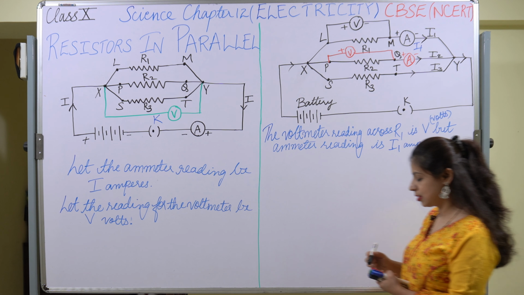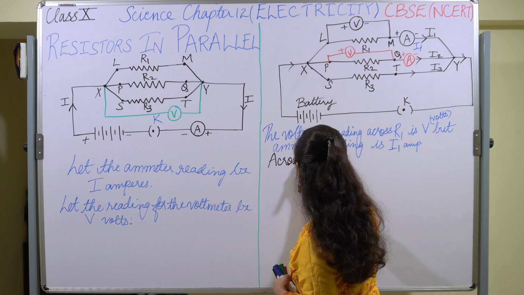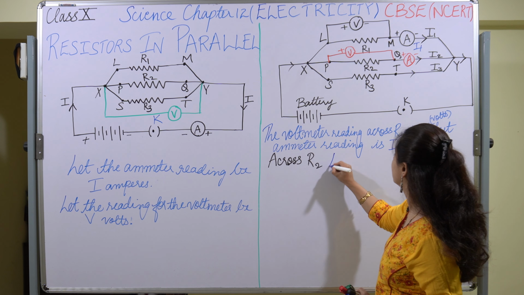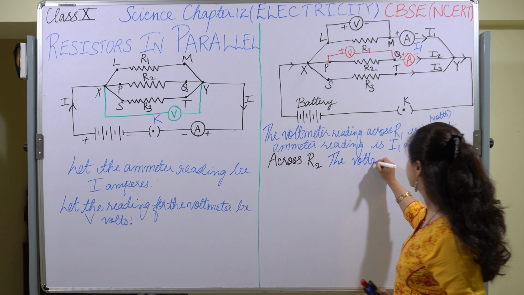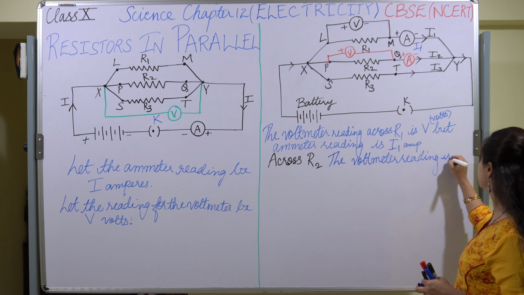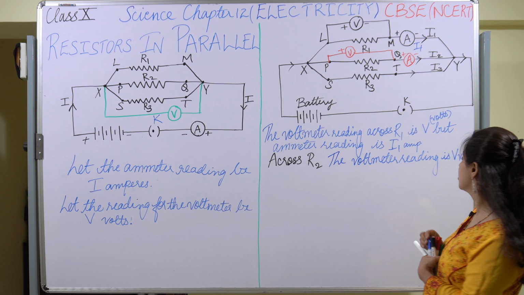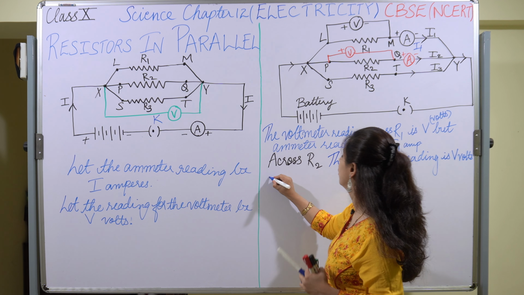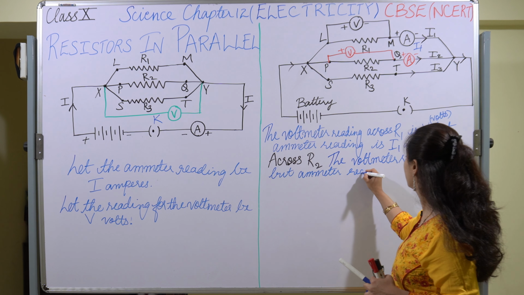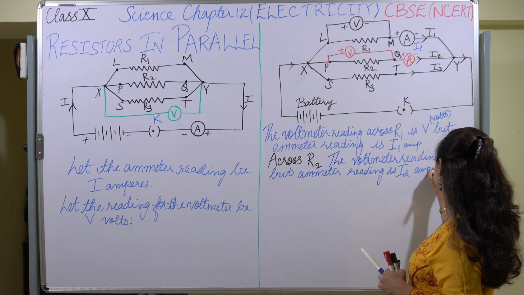Okay, so across R2 the voltmeter reading is V volts, but the ammeter reading is I2 amperes.